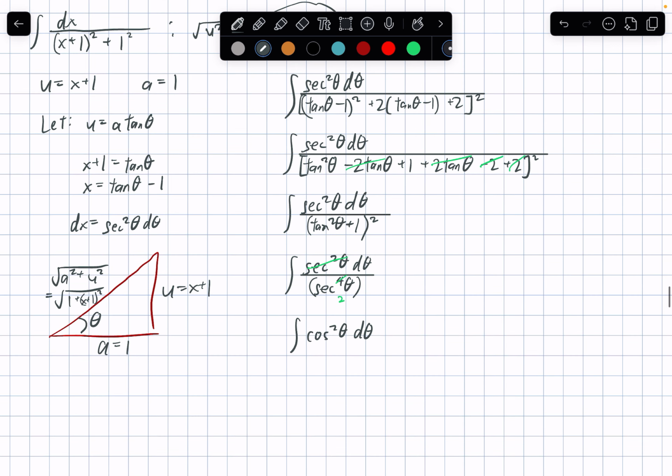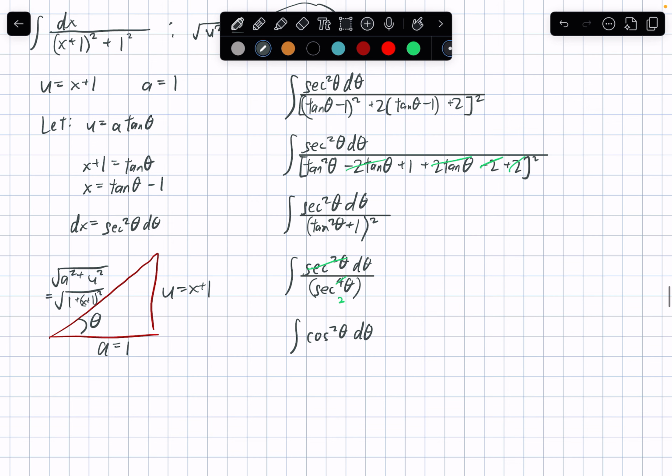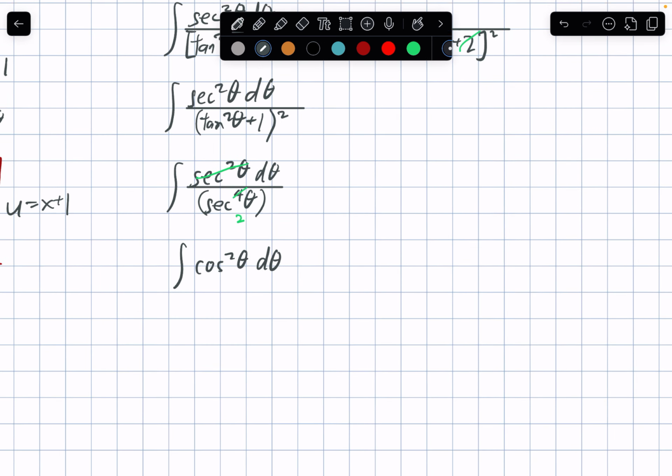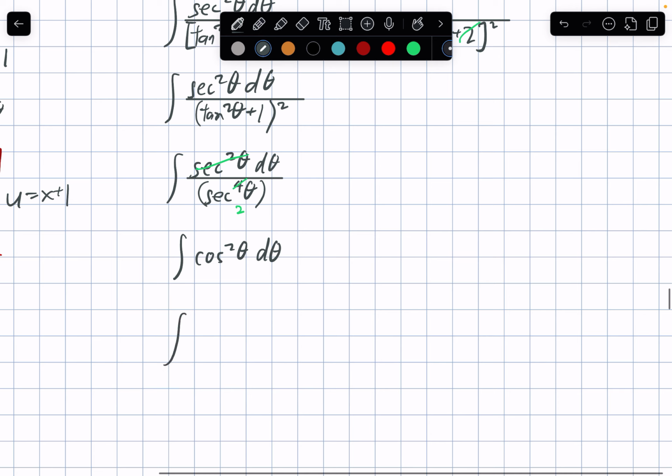So far so good. We're also going to use another tool: 1 minus sine squared theta.